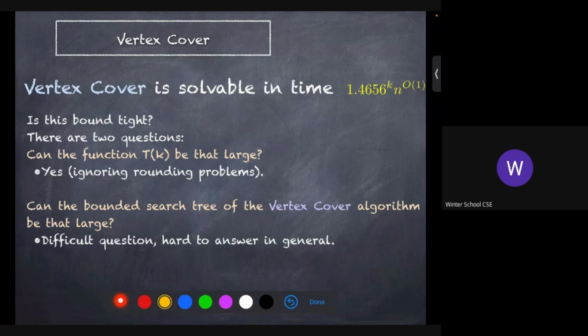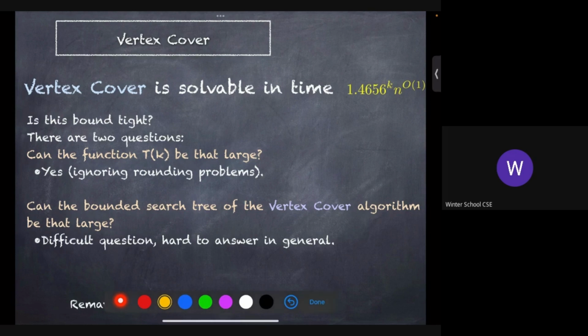You do a lot of nice and strange things. But this type of analysis doesn't capture this type of behavior. So this is a really interesting question: whether the running time of this branching algorithm is 1.4 to the power k, or it's much better than that.